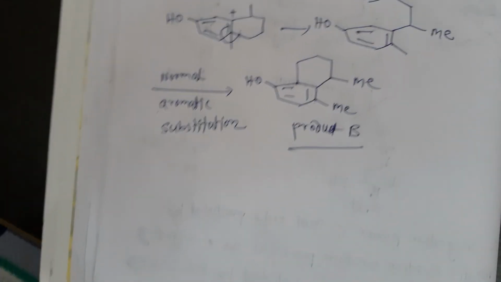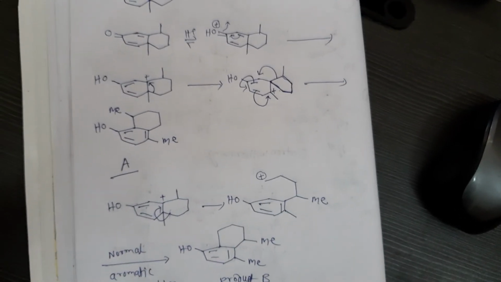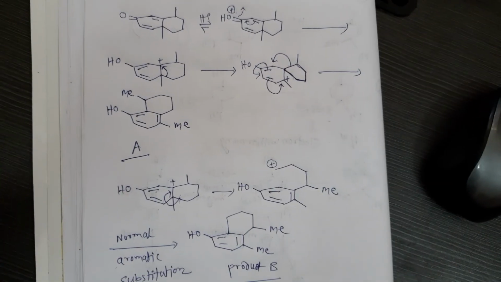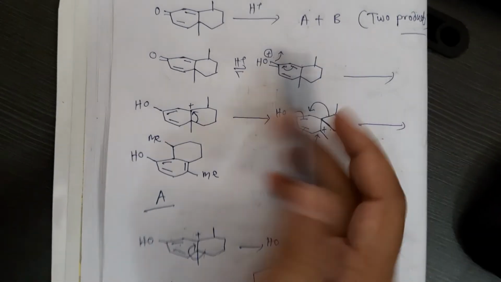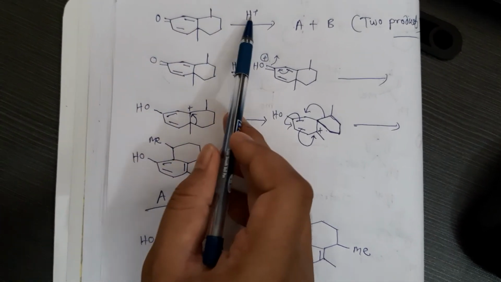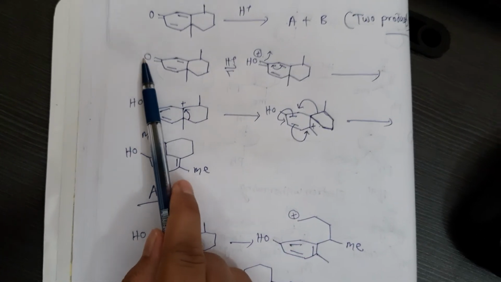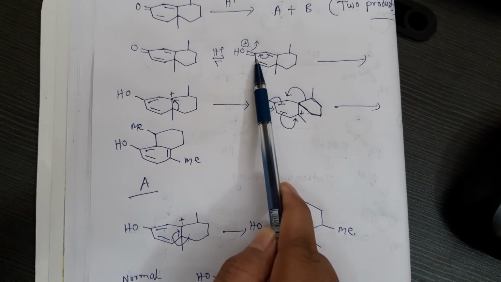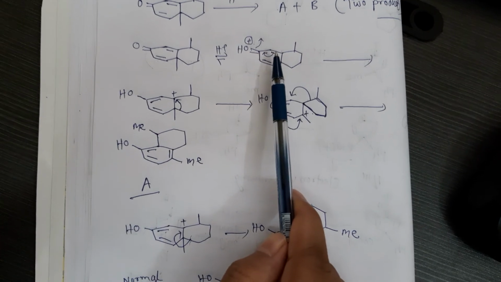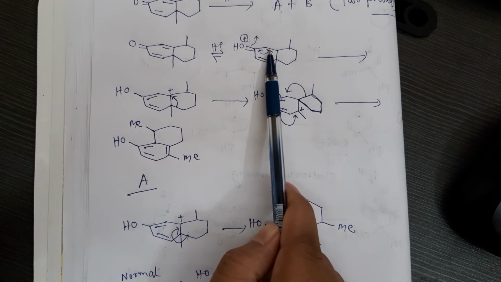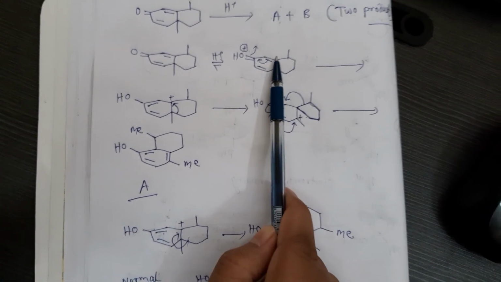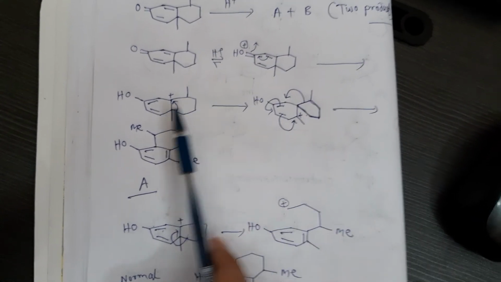This is a very interesting problem. This problem came in various exams like NET, GATE, so it is very important. For this product, first we give H plus, OH plus, then there are two possibilities, from that side and from this side. If this shifted here, then the carbocation which is formed is 3 degree stable. That's why this double bond is shifted to form this product.